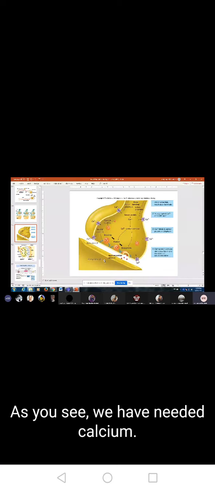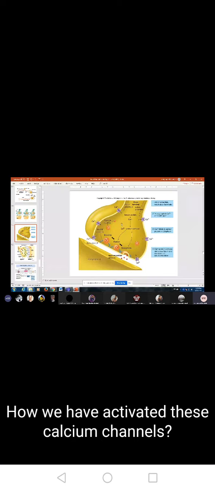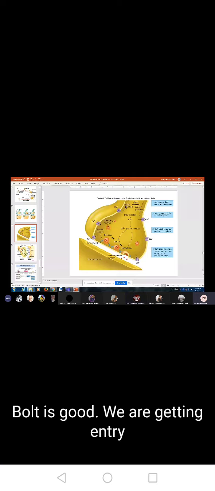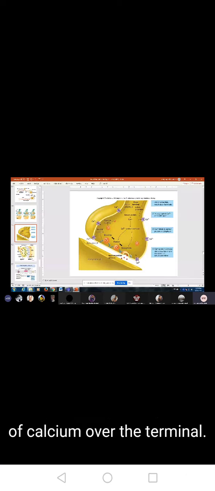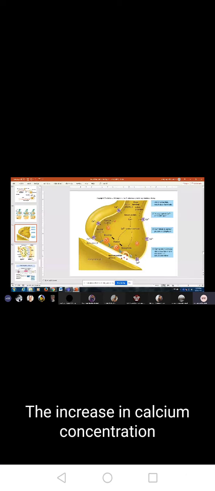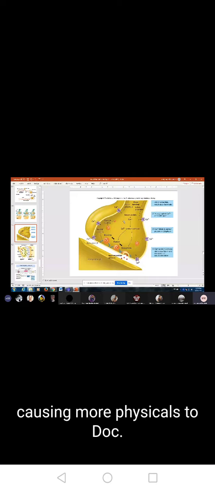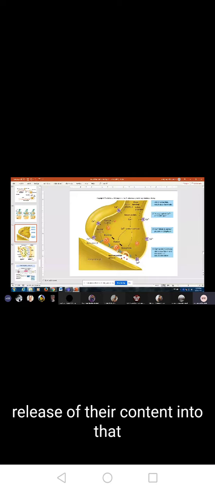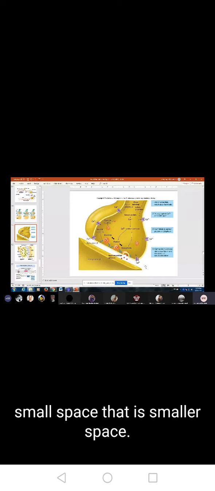Explaining more of what happens, as you see, we have needed calcium. How have we activated these calcium channels? They are what type of channels again? Voltage gated channels. We are getting entry of calcium into the terminals, and the increase in calcium concentration causes more vesicles to dock, causing fusion and release of their content into that small space.